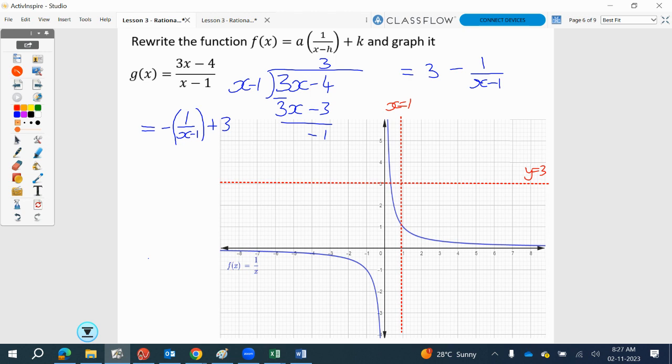Zero, zero, negative 4. If you take 0, it's going to be 4. How do you get negative 4? I'm on the zeros. It's clear.